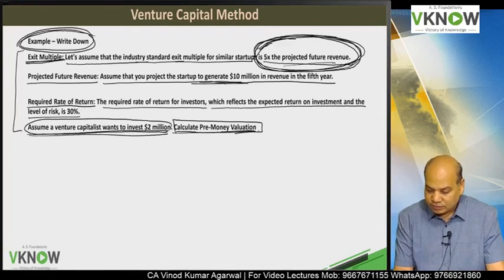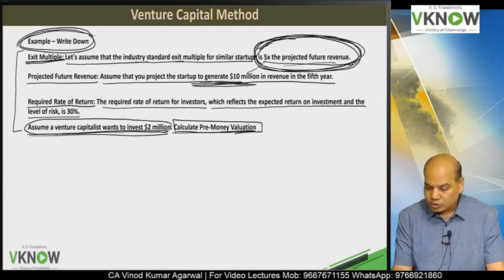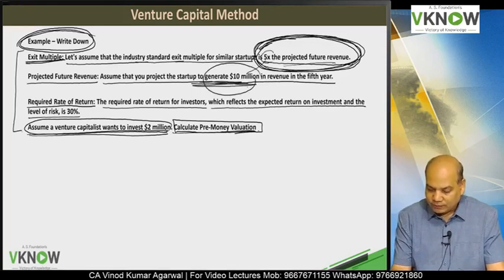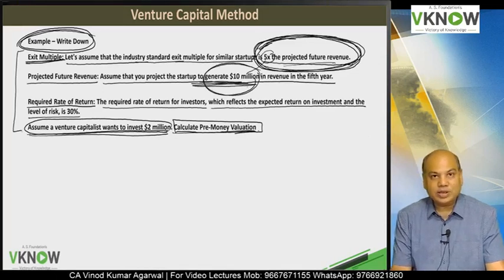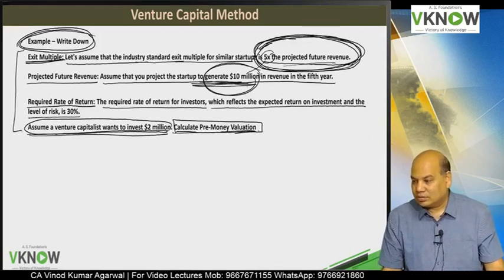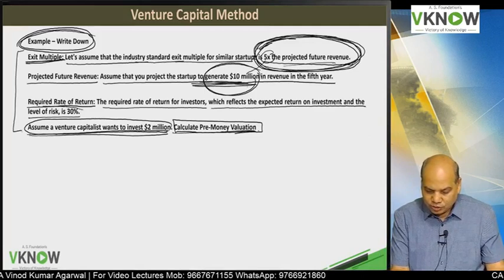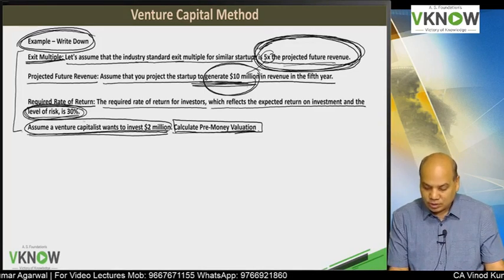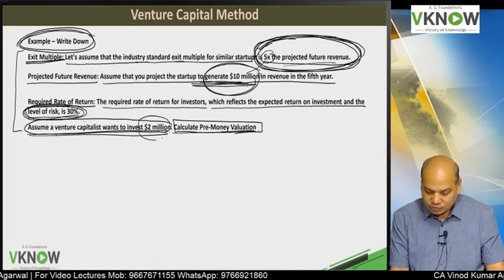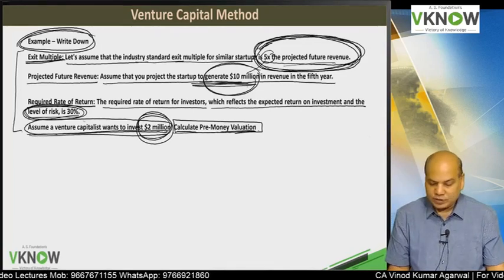After 5 years, the projected revenue is 10 million, which means the exit value will be 5x into 10 million, 50 million, which you will discount at 30%. You will get present value, and from that present value, you deduct this $2 million, and that will give you pre-money valuation of a startup.